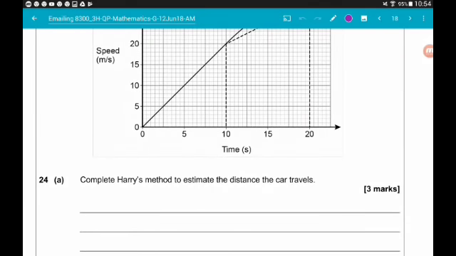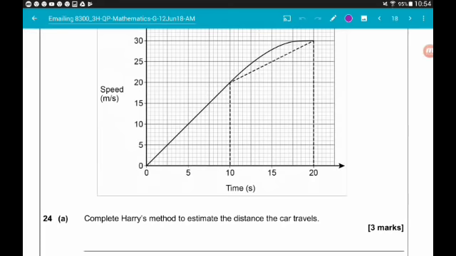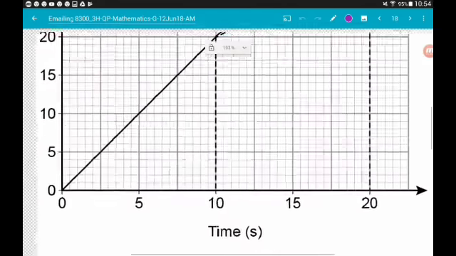We want to complete Harry's method to estimate the distance the car travelled. So the reason we're doing this is area under a speed time graph gives us the distance. So we need to work out the area of this triangle.